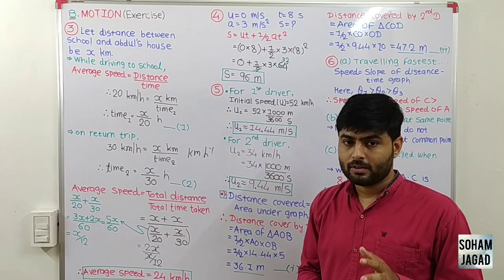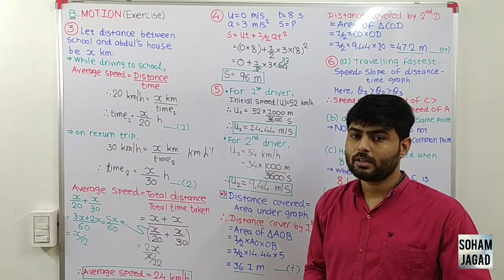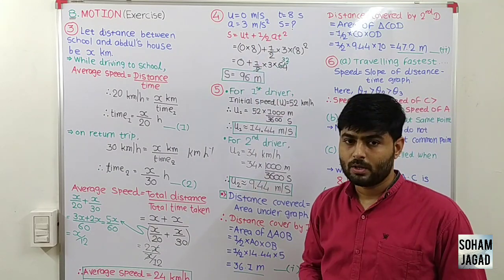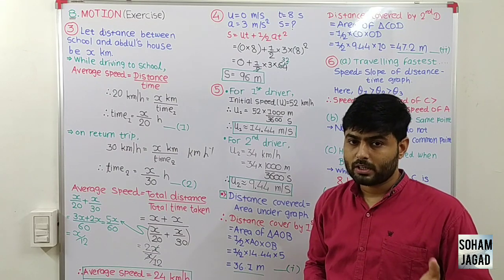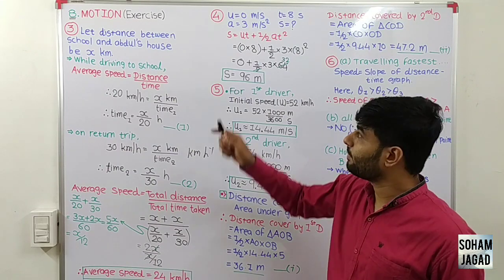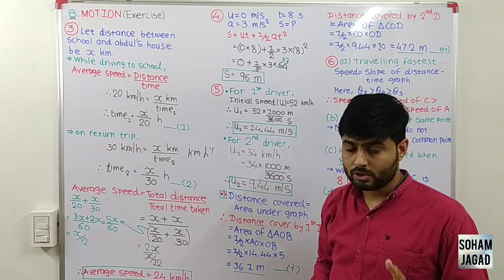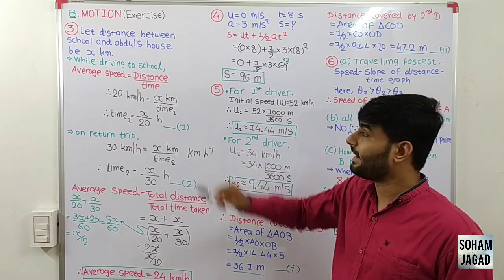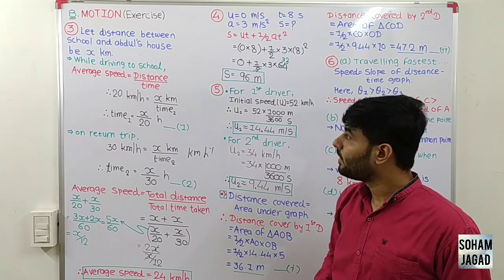First, derive the given data from the question. We have u is equal to 0, because the data says the boat starts from rest, which means initial velocity is 0, with constant acceleration 3 meter per second square. So I write a is equal to 3 meter per second square.